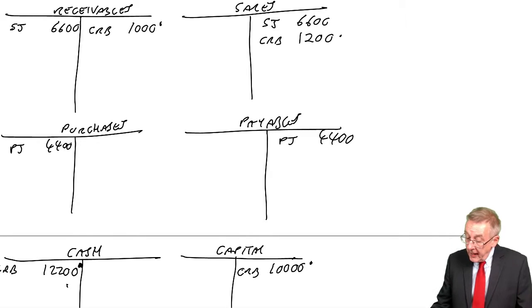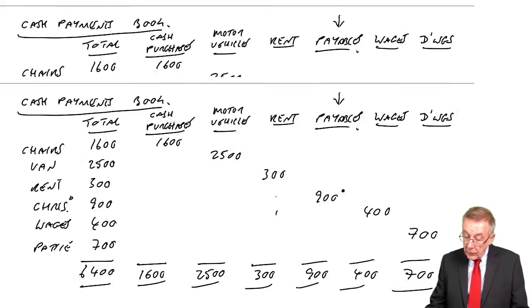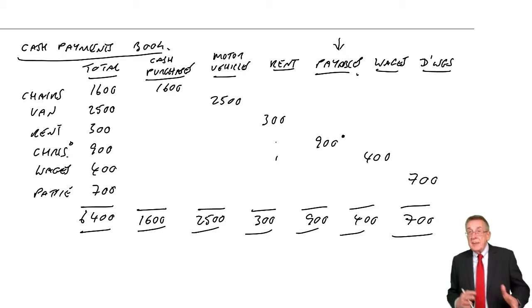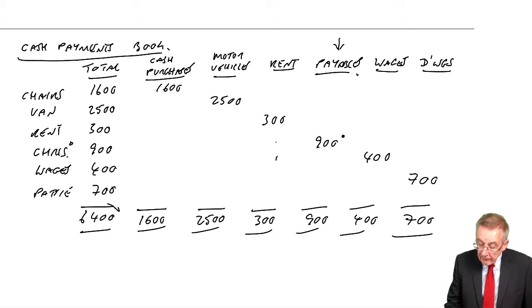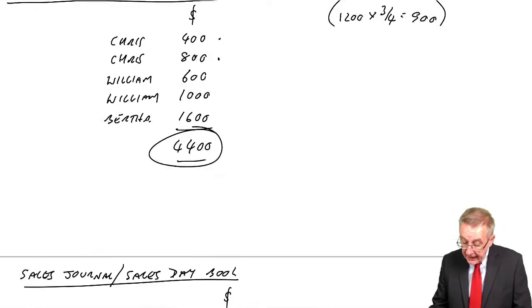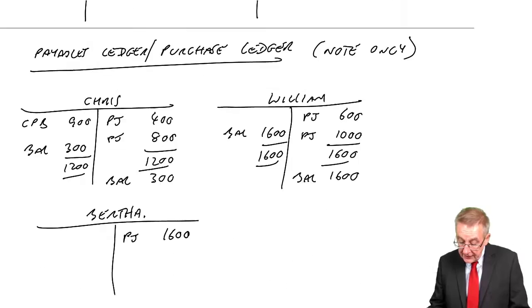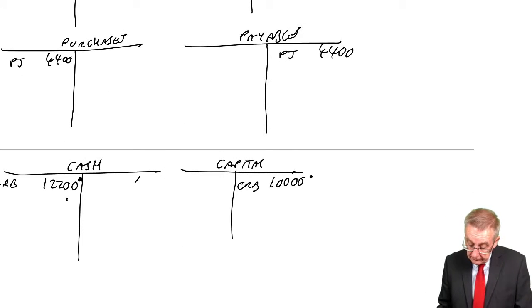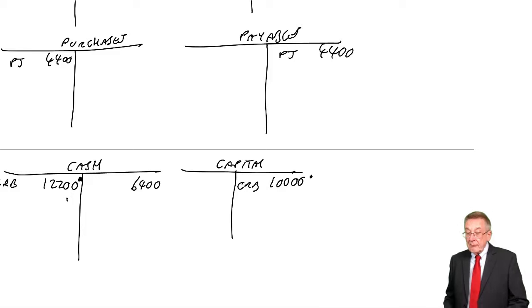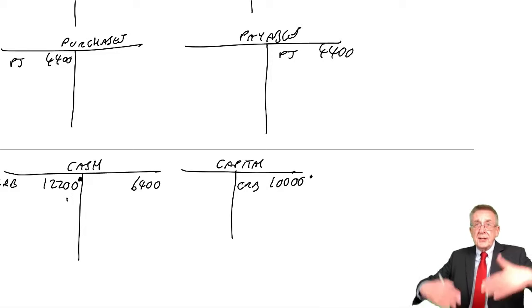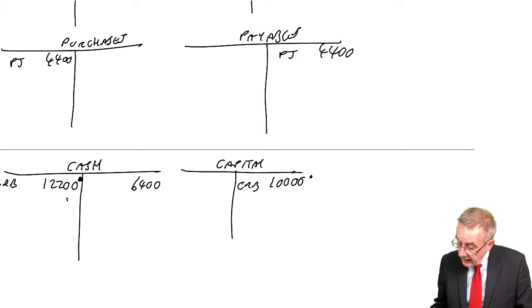Finally, cash payments. Well, in exactly the same sort of way. Cash payments always we credit cash and debit somewhere. Well, the total cash paid was 6,400. We'll credit cash with 6,400. And where are the debits going to go? Well, we'll have to look at the analysis columns. And again, I'll do two at once to save going up and down.